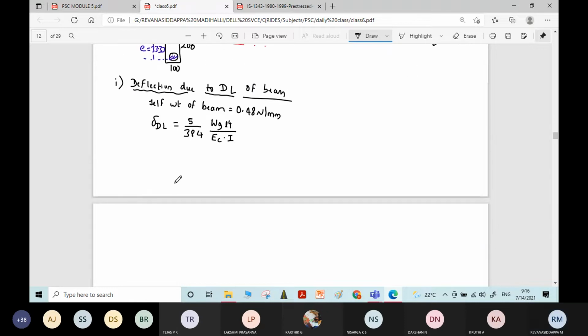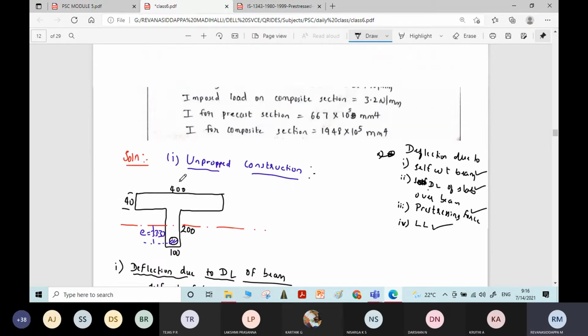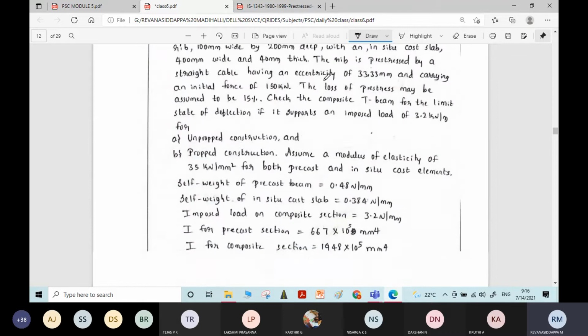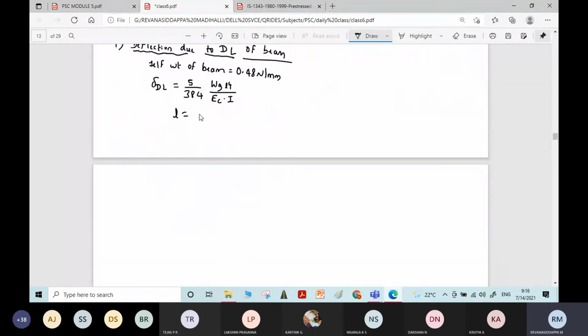The length of the beam is given as 5 meter. L is equal to 5 meter. In terms of millimeter, it is 5000 millimeter, because moment of inertia and Young's modulus we substitute in terms of Newton per mm square or mm raised to 4. That is why the length should be substituted in terms of mm only.